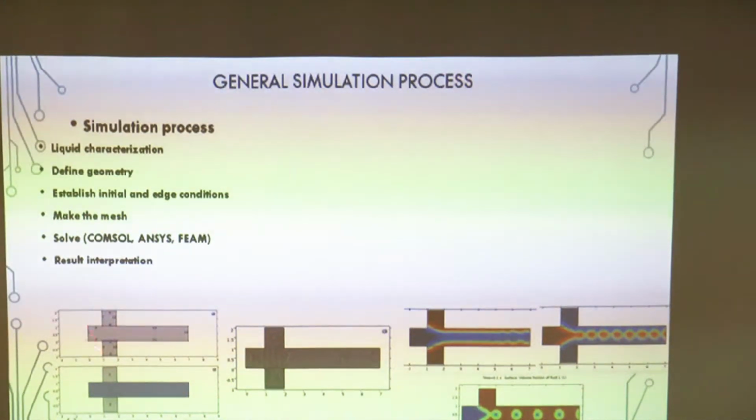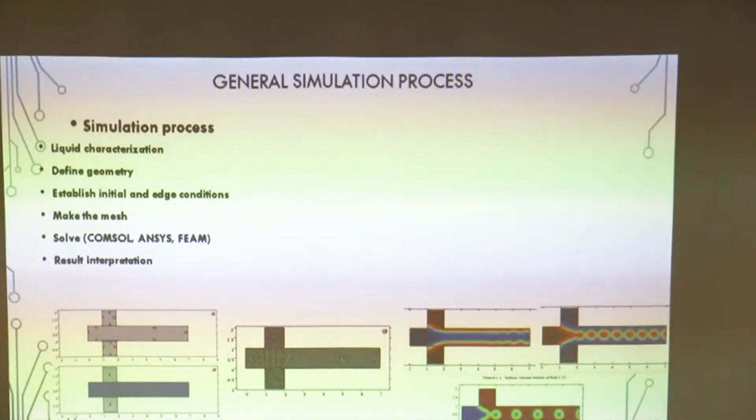After that, you define a geometry in the software where you establish initial conditions and edge conditions, slip conditions, inlet velocities, and more. After that, you perform discretization of the geometry, and this is called a mesh. And you finally solve with some of these commercial softwares, and you obtain the results and the interpretation of these simulations.